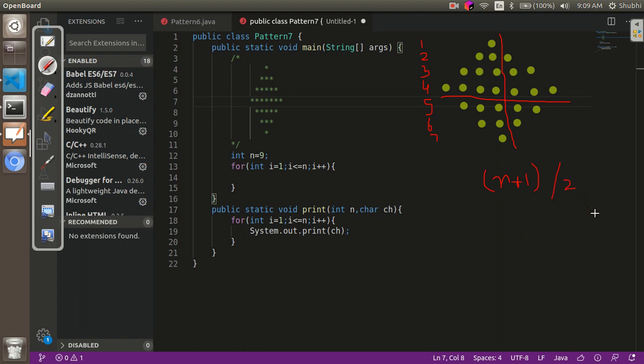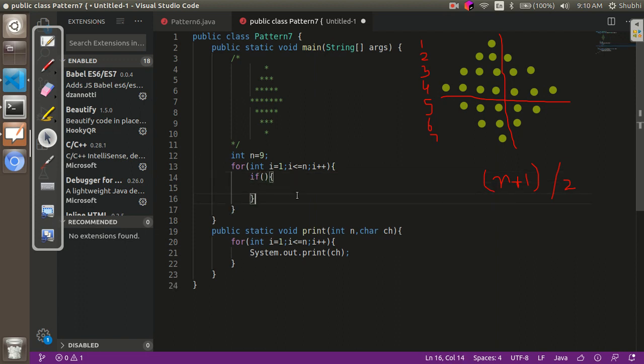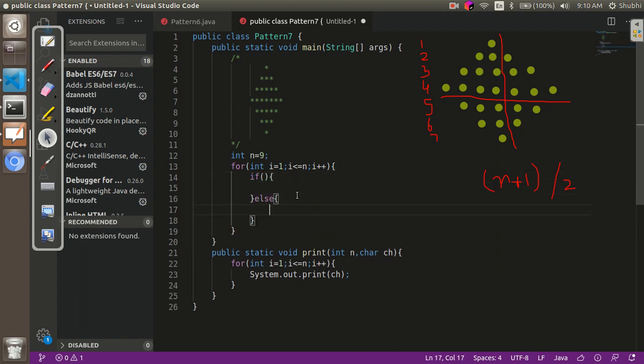And for such patterns, we have to introduce an if-else block so that we can handle the case for the increasing and decreasing number of characters. So the first block, that is the if block, will take care of the increasing number of characters and the else block will take care of the decreasing number of characters.